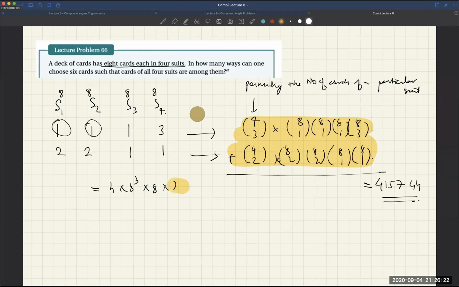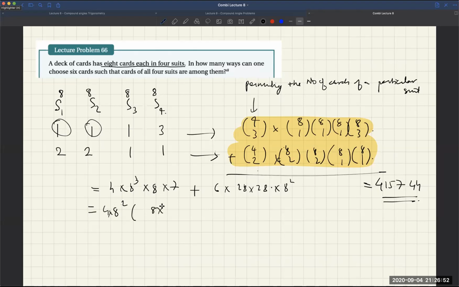Okay, 8 into 7 will come, plus 4, that is 6 into 8 into 7, 28 into 28 into 8 square again. So I can take 8 square common, and 4 common.